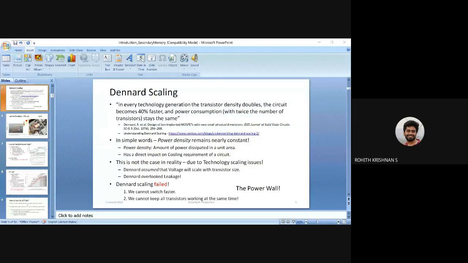Over here, it says that given a surface area, in every generation the density doubles and the power consumption stays the same. So for this to happen, the power consumption of each transistor should get halved, right? Yes. How that gets halved is with the scaling of the voltage. Every generation, the voltage also decreases, scaled proportionally. Yes. Okay, got it.